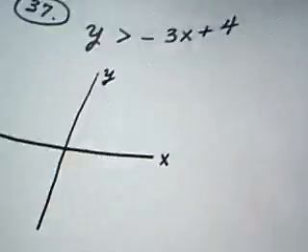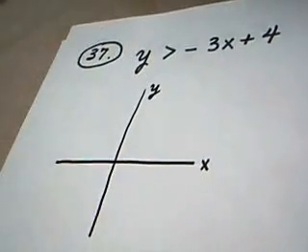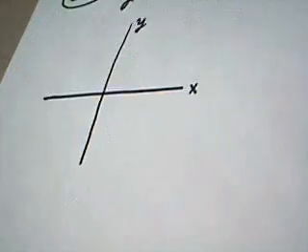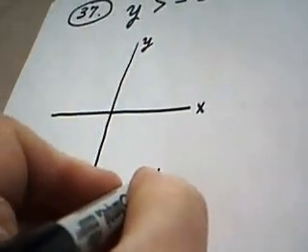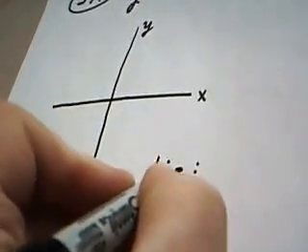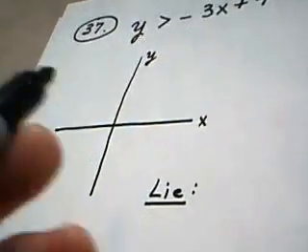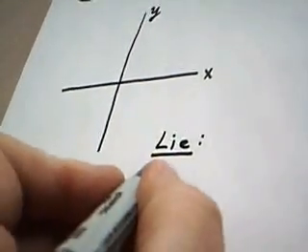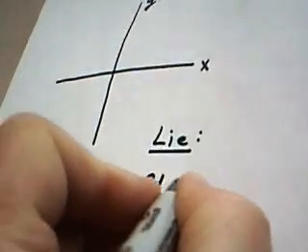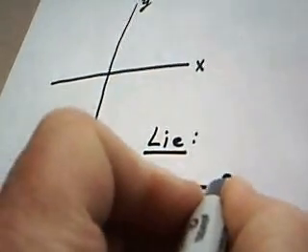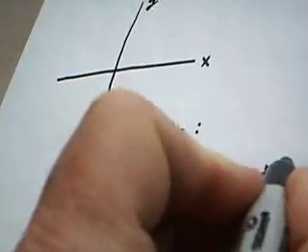Now, the best way to start this type of problem, I'm going to tell a little white lie. I'm going to pretend the original problem said equals. So I'm going to pretend the problem says y is equal to the opposite of 3x plus 4.